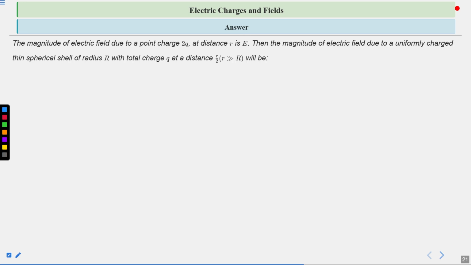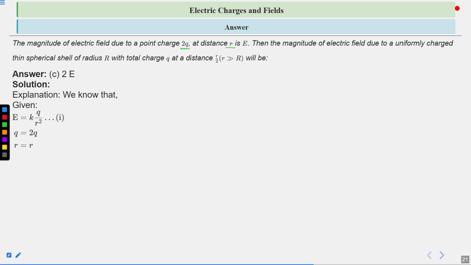So the correct answer is C, 2E. Solution: we know the given terms, that is point charge 2q, and the distance is r.